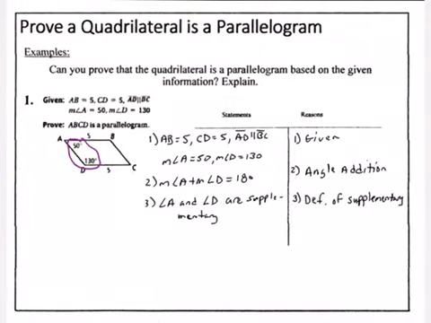From there, we should recognize that these would be same side interior angles. Because of that, we can state that in this case, AB should be parallel to DC by the converse to same side interior angles theorem.